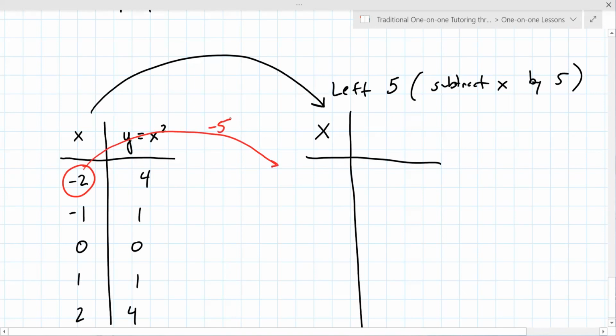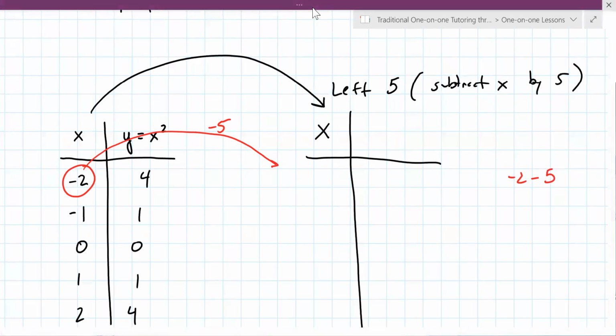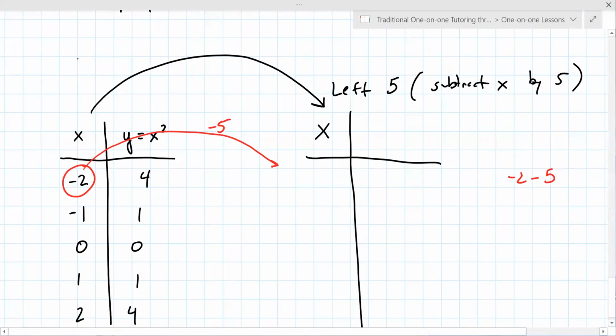So it's essentially -2 minus 5. What does that become? -2 minus 5 is -7. Okay, -7.